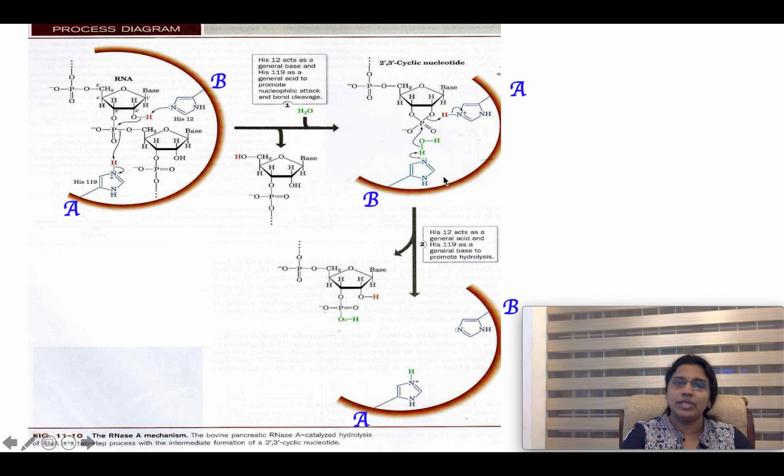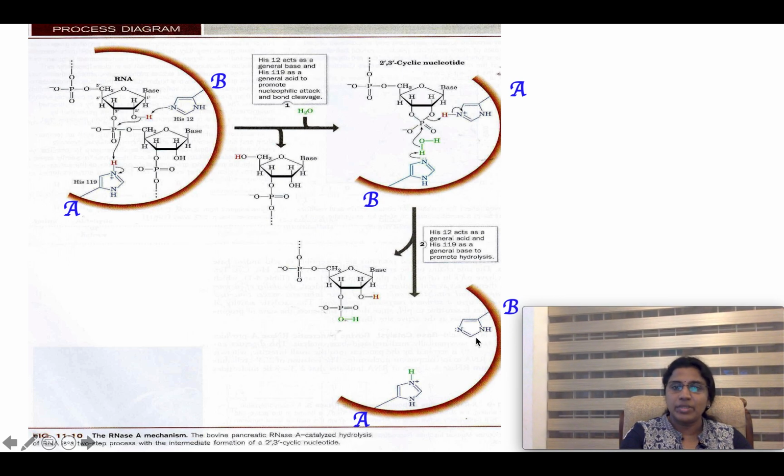In the second step, histidine 119, which acts as a base, abstracts a proton from water, and now the O minus of OH attacks phosphorus nucleophilically and forms a POH bond. At the same time histidine 12 donates its proton, which comes here and helps in the cleavage of this bond, and it forms the OH at the 2' position, and this portion is released.